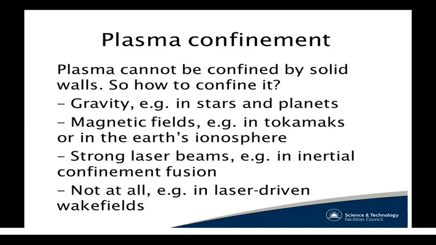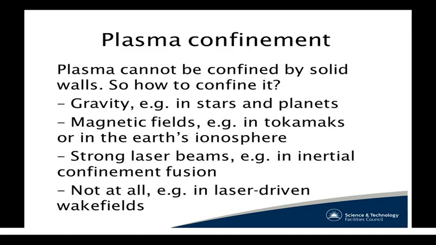We know that the sun has plasma inside it, so the enormous gravitational field of the sun confines plasma in the interior of the sun. Similarly in the case of other stars also, the gravitational field will confine plasma in their interior. So that is the first method to confine it, using gravity.